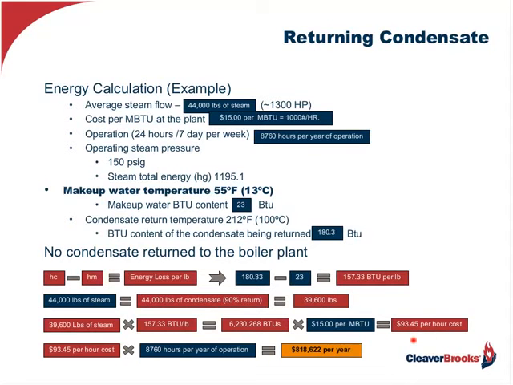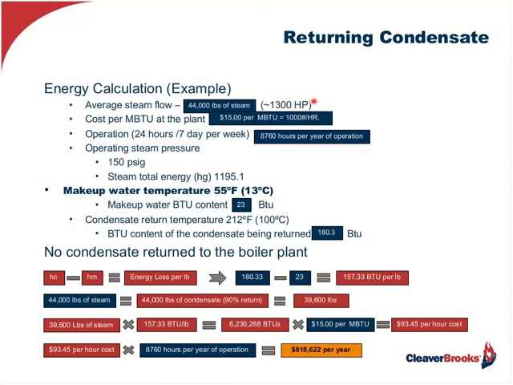Take it times the 8,760 hours per year, and we're looking at $818, or almost $819,000 per year saved or lost. So we're certainly not talking chump change here. Now that's based on all of these conditions, $15 per 1,000 pounds or million BTUs, and a 1,300 horsepower boiler.